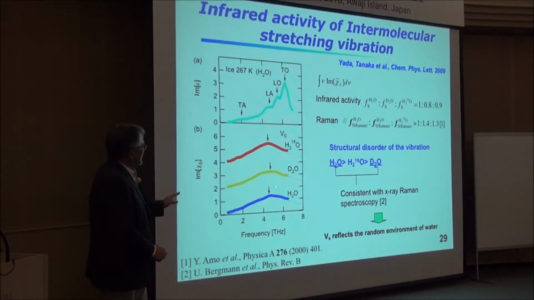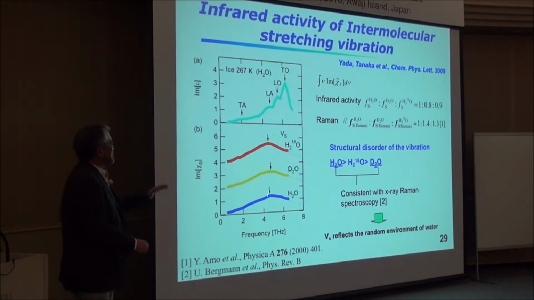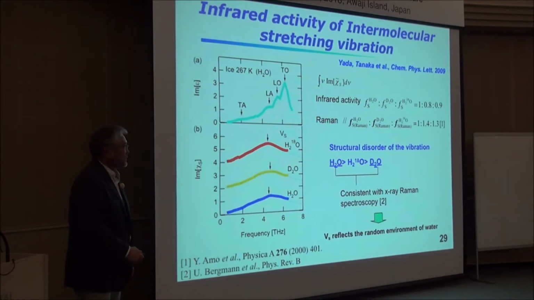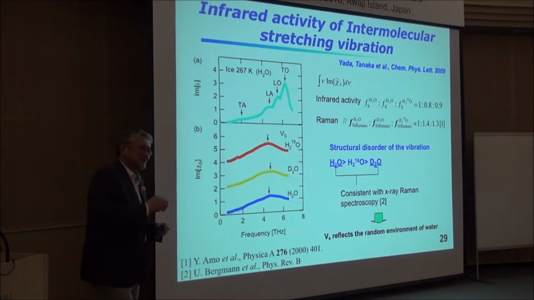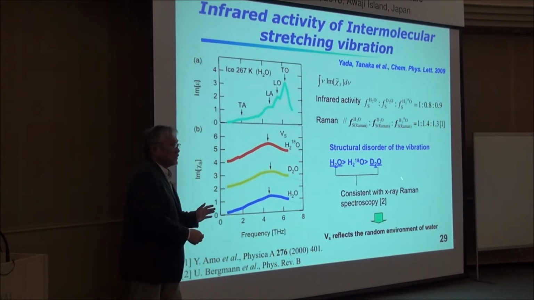And if you consider the amplitude of this vibrational mode, the strongest one is H2O, and the weakest one is D2O. This is also consistent with the X-ray Raman spectroscopy, because H2O is more disordered than D2O.